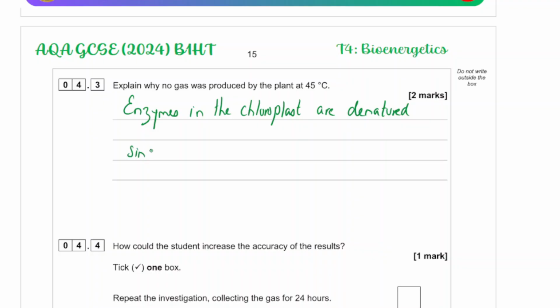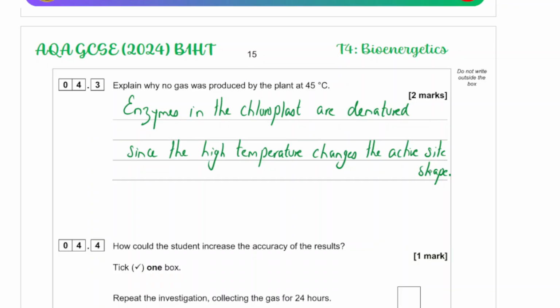Since the high temperature changes the active site shape. Now, the most important part of the enzyme is the active site.